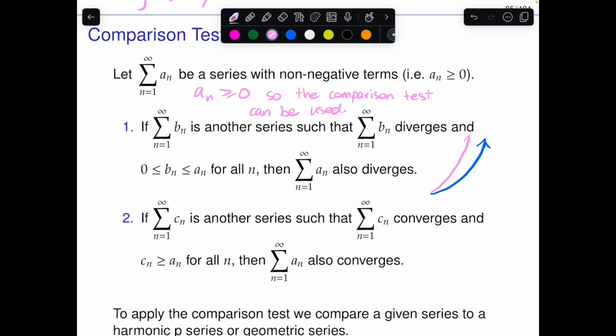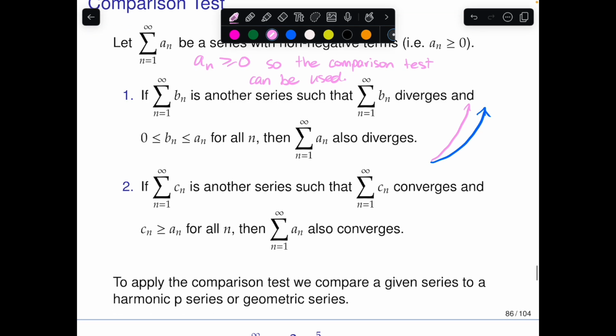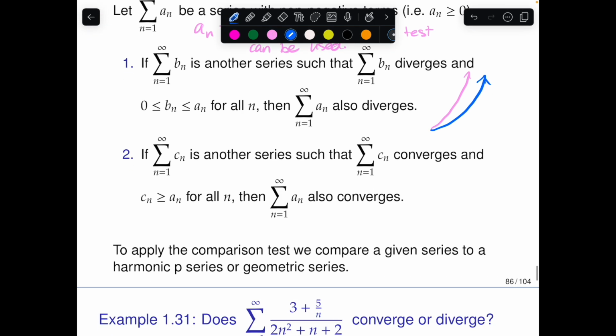So eventually it's going to have to be pushed up to infinity. And by a similar thought process, if you have c_n converges, which means it doesn't go to infinity, it flattens out, and a_n is less than or equal to c_n for all n, then a_n also converges.